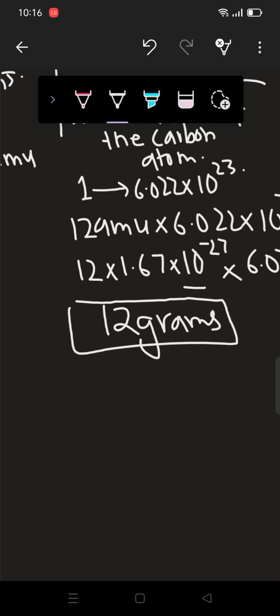However, the mass of only one atom of carbon will be 12 AMU. Whenever you see AMU with any numerical value, that is only the mass of one atom. But if you see the mass of a lot of particles, it will be given in grams.